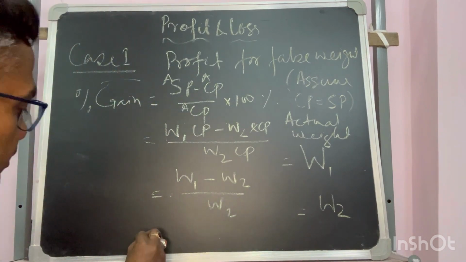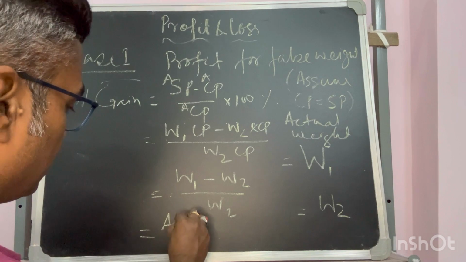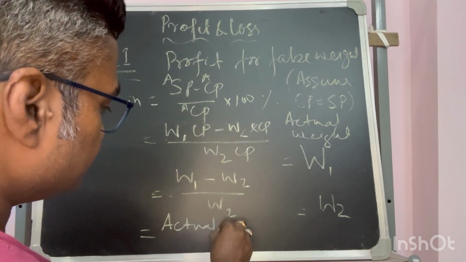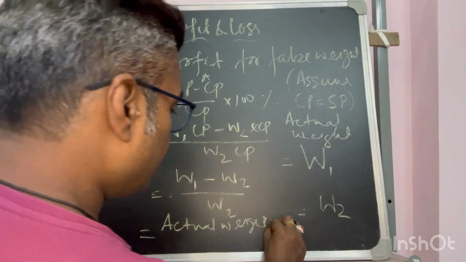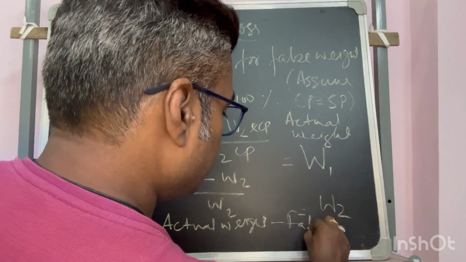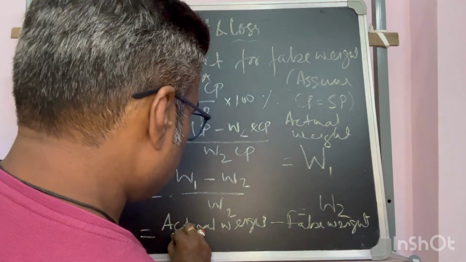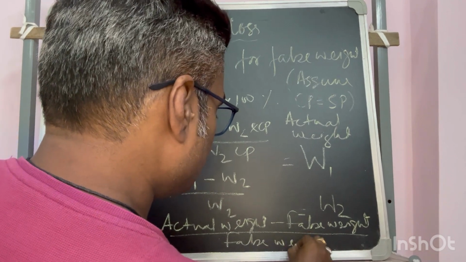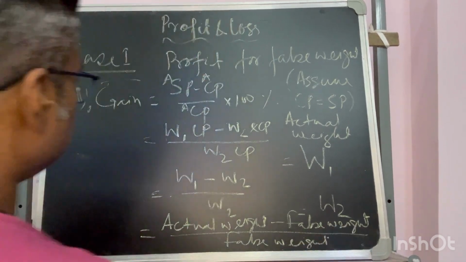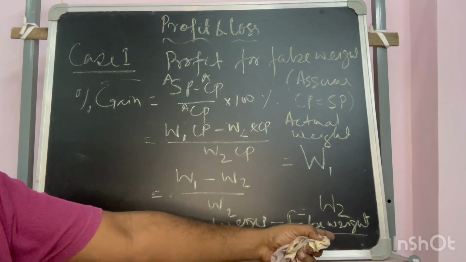So if I put it in word form: the actual weight that has to be given, minus the false weight, the weight the buyer is getting, divided by the false weight. So this is the percentage gain for the seller.